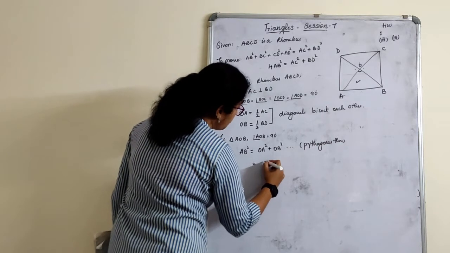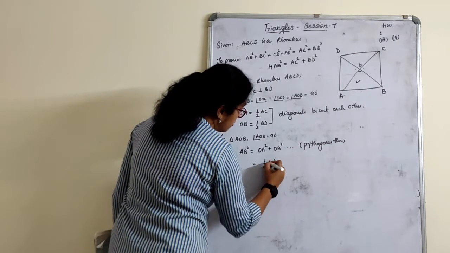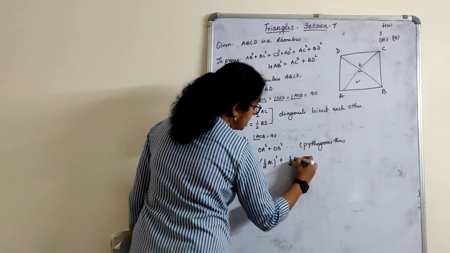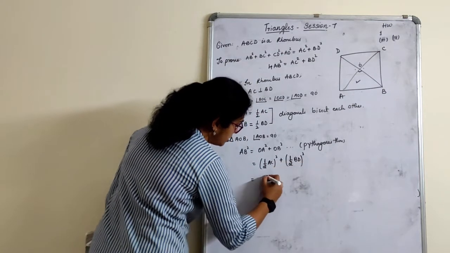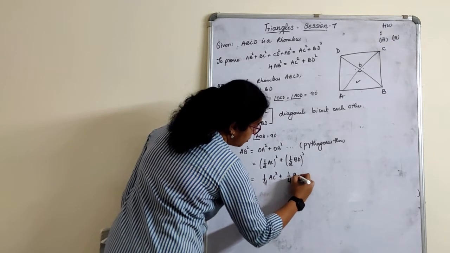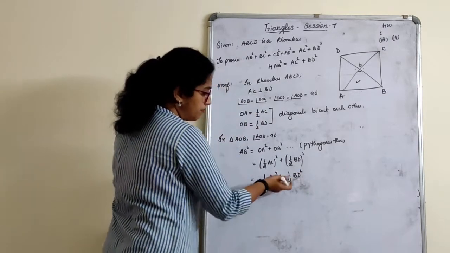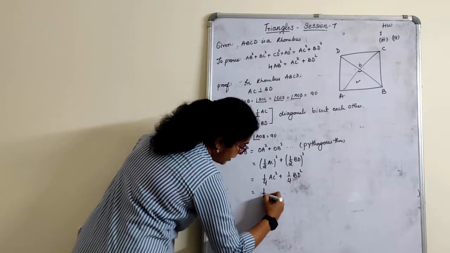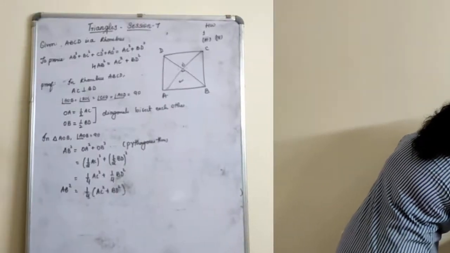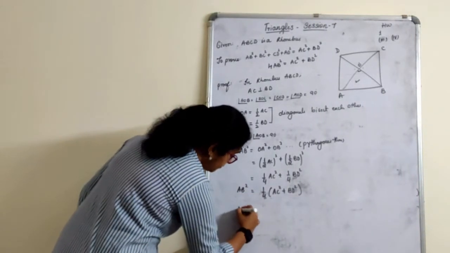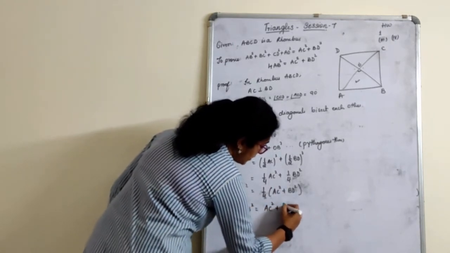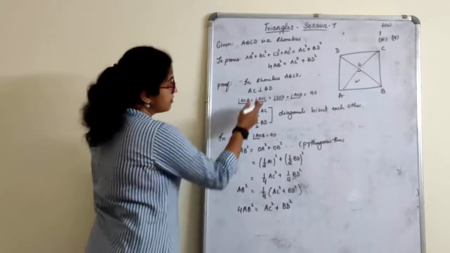What is OA value? 1 by 2 AC whole square plus what is OB value? 1 by 2 BD whole square. So this is 1 by 4 AC square plus 1 by 4 BD square. Take 1 by 4 common. 1 by 4 of AC square plus BD square. So set 4 this side. 4 times AB square is equal to AC square plus BD square, right?